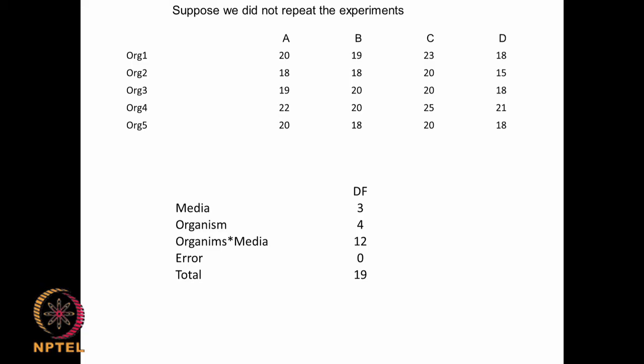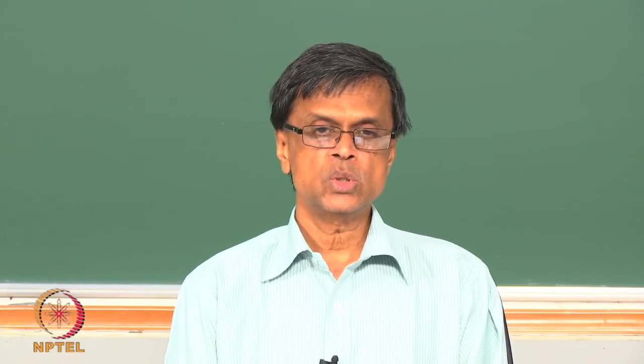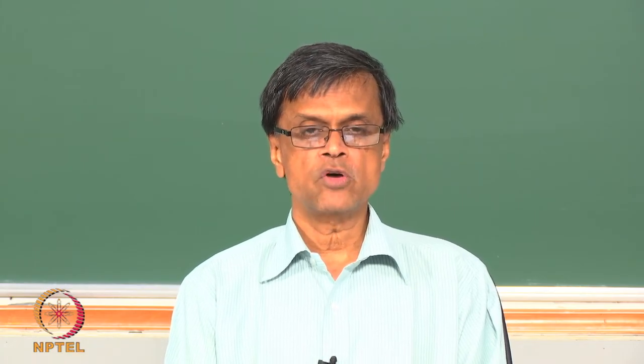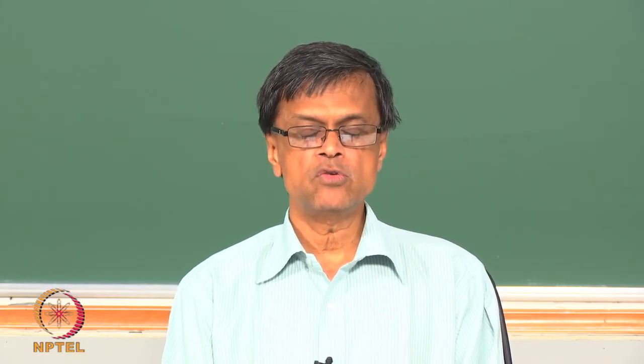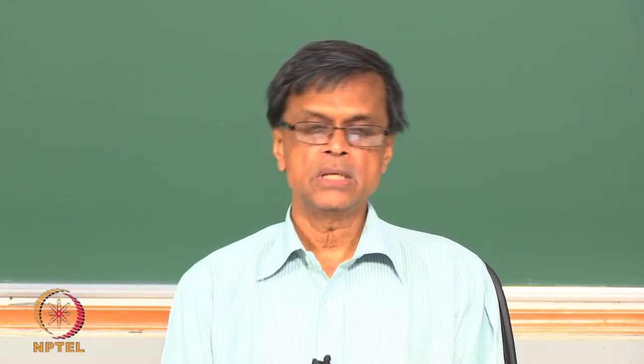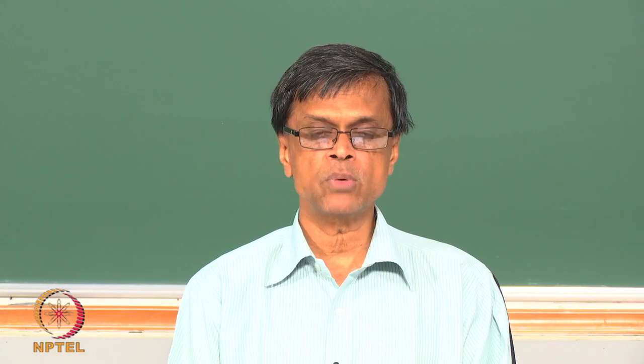If your degrees of freedom for error is very small, the mean sum of squares for error becomes large, and again that comes in the denominator when you calculate F, so your F values become small. Those F values will be smaller than the table F value, which means you will not have any reason for rejecting the null hypothesis.